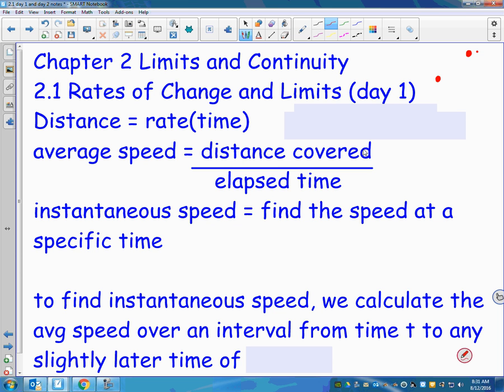So this is easy to think about as total distance, but you can also think about it as slope. Like if this was x1, y1, and if this was x2, y2, the distance covered is going to be the change in the y's, because that's the vertical change. So that would be y2 minus y1.